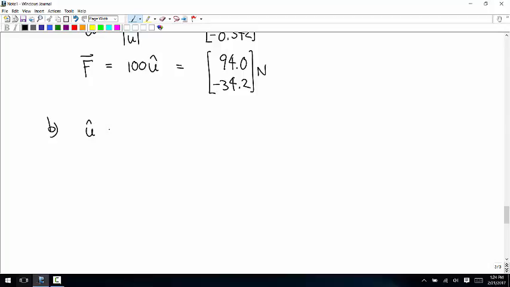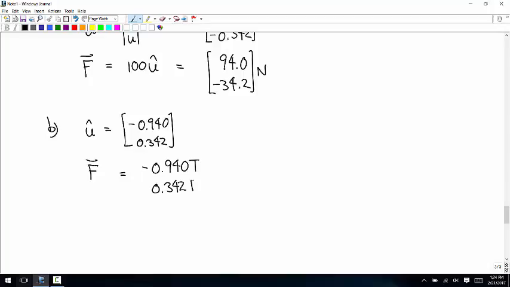So the unit vector now is negative 0.940, positive 0.342. And so then the force vector, since this time the tension is T, is negative 0.940 T, positive 0.342 T.